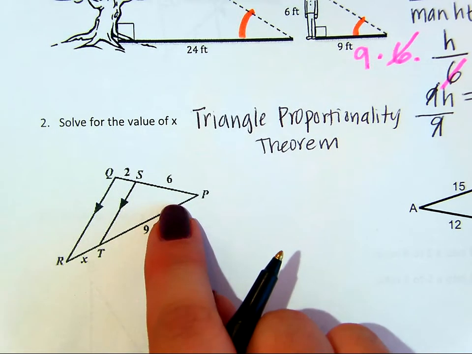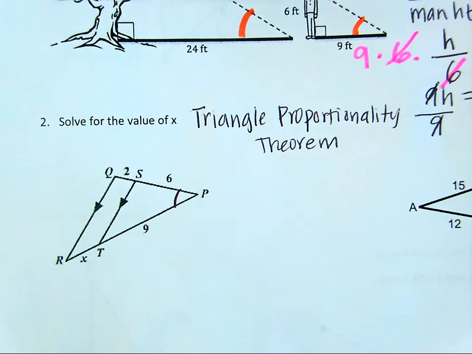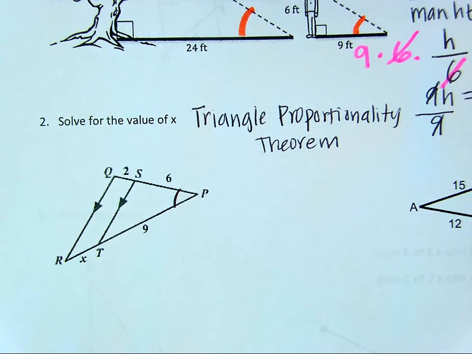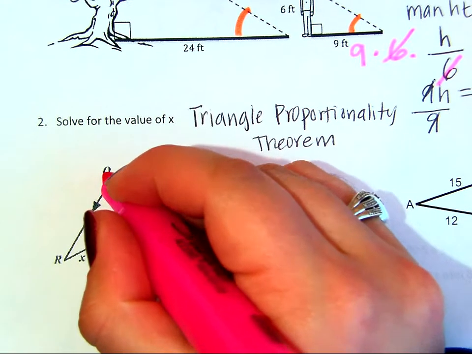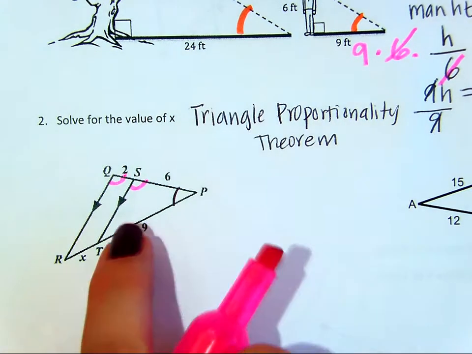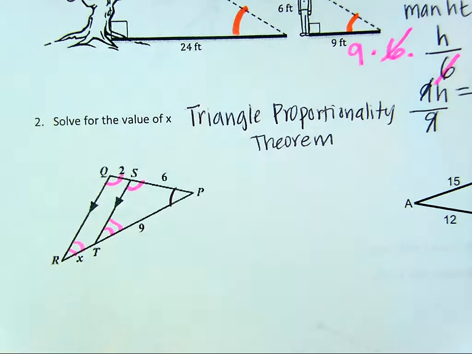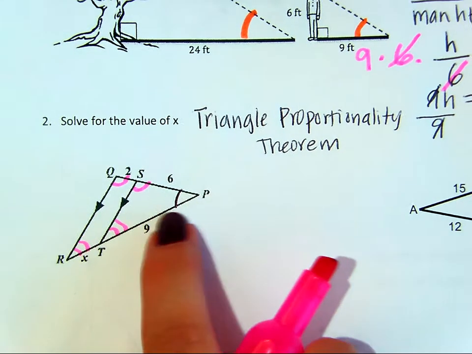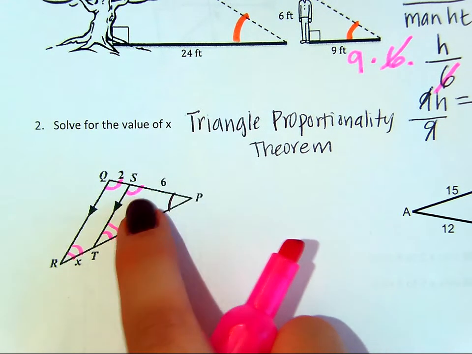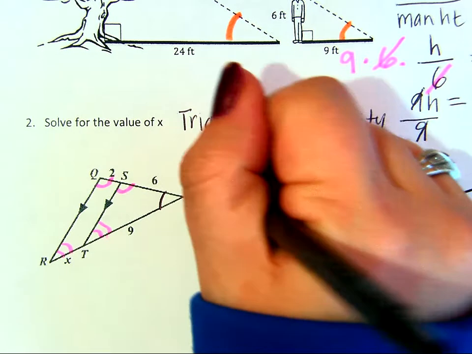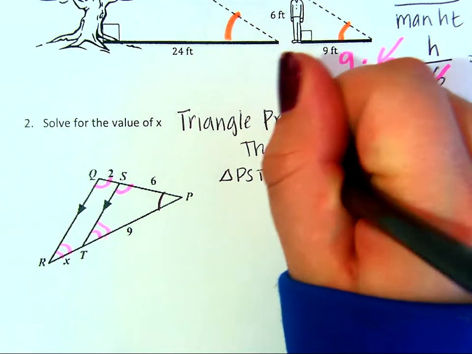The smaller triangle inside of the larger one, they share this angle P. And when we have two parallel lines cut by a transversal, these corresponding angles S and Q are congruent because the lines are parallel, and T and R are congruent because those lines are parallel. Corresponding angles are congruent. So all the angles match, and triangle PST is similar to triangle PQR.